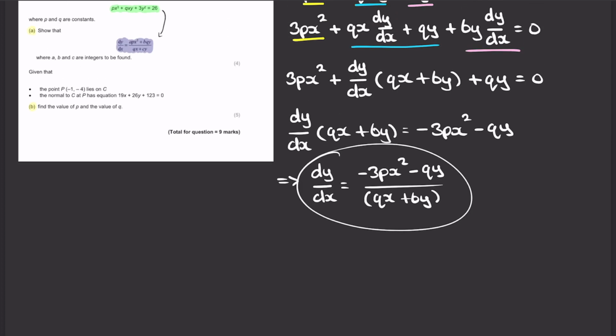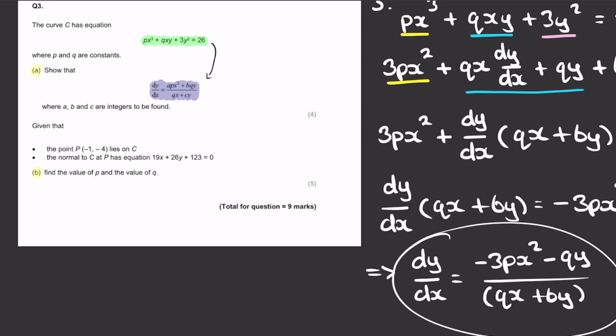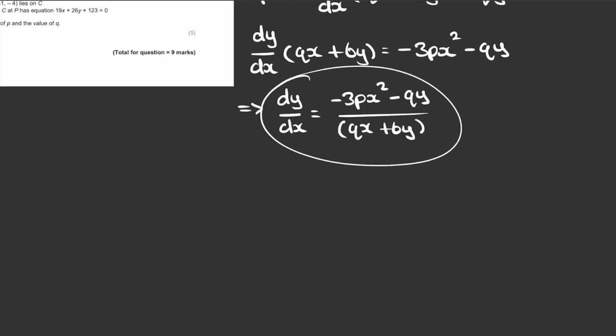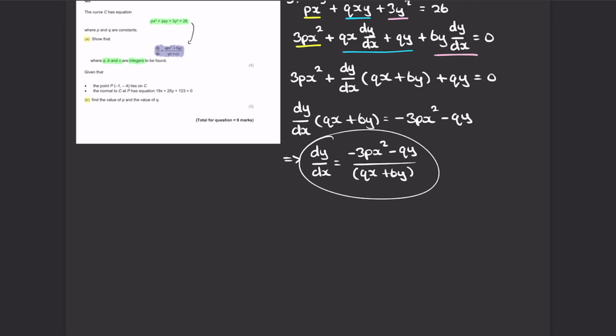So there's your final answer. And the question says where a, b and c are integers to be found. Remember that integers are whole numbers. So we have that a equals -3, b equals -1, and c equals 6.